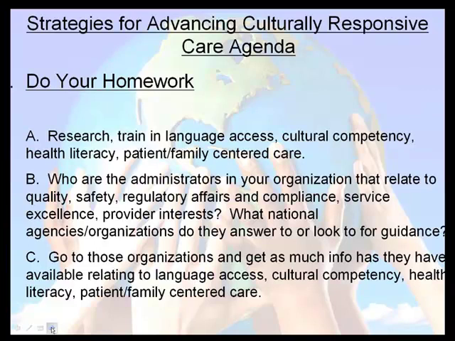I used as my Bible something called the Straight Talk, Model Hospital Policies and Procedures, and that was language access, Joint Commission, Cross-Cultural Healthcare Program, and Diversity RX. You'll find numerous resources for information on becoming more culturally responsive through appropriate language access, cultural competency efforts, and health literacy.